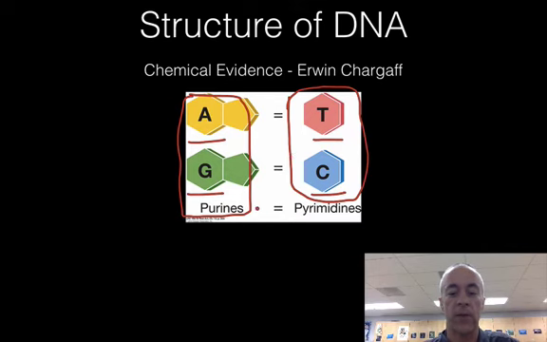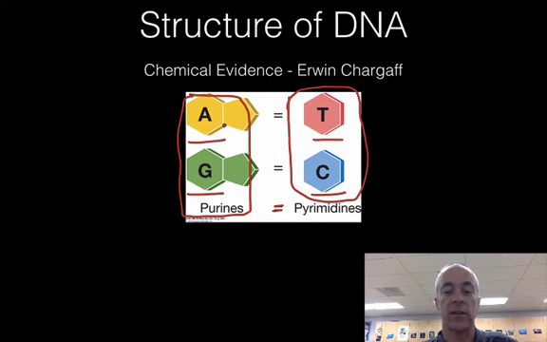And furthermore, they found that purines always bonded with pyrimidines, which accounted for the fact that they occurred in equal amounts. And this was found so extensively that they actually coined the term of Chargaff's rule to say that A is always present in equal amounts as T, and G is present in equal amounts as C.